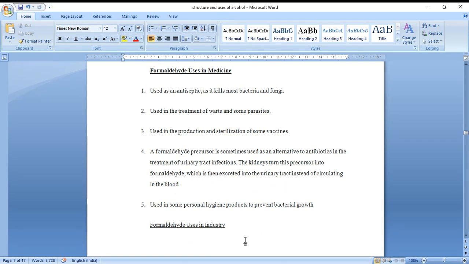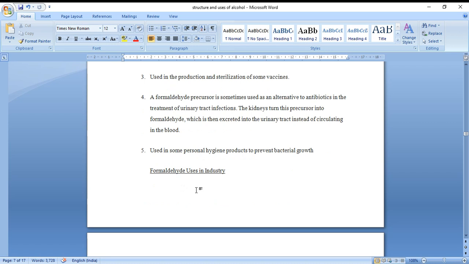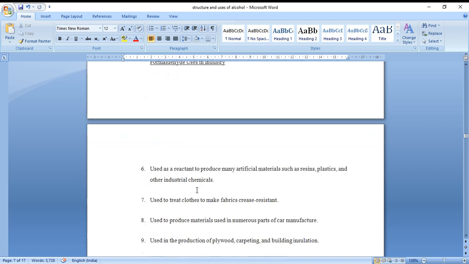It is also used in some personal hygiene products, which help to prevent bacterial growth. All these are the uses in medicine. And what about formaldehyde uses in industry? It is used as a reactant to produce many artificial materials such as resins, plastics, and other industrial chemicals. It is also used to treat fabric clothes to make them grease resistant.